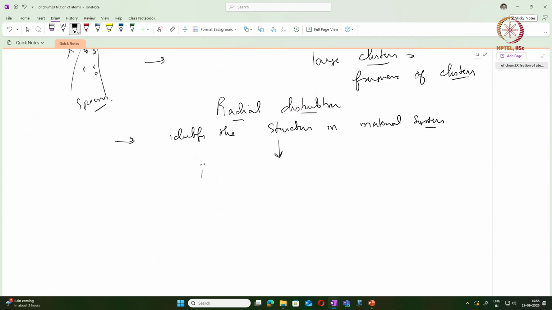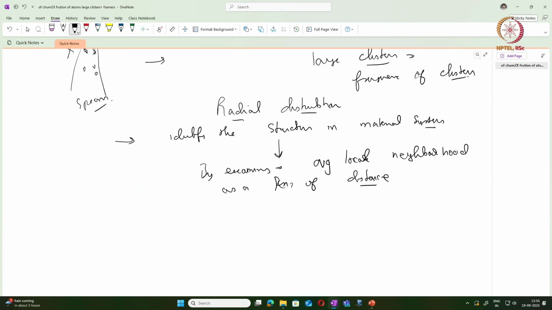This is by examining average local neighborhood as a function of distance extended radially outwards from each atom in the data set.